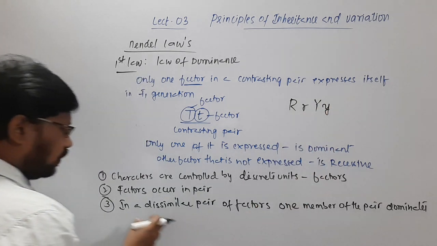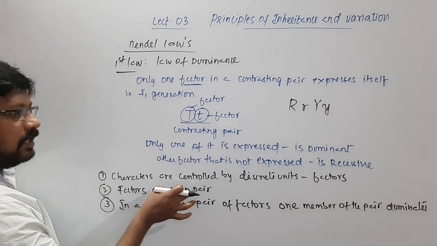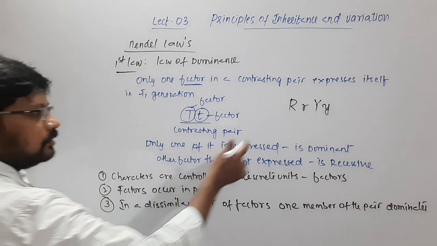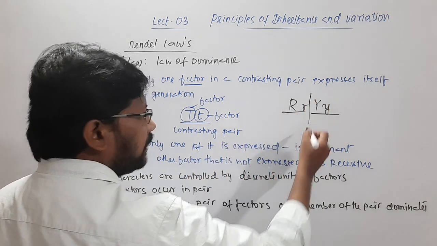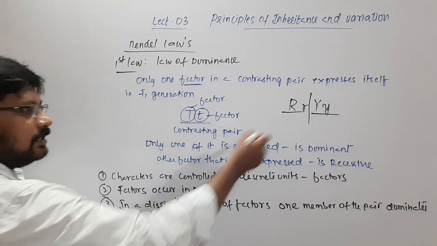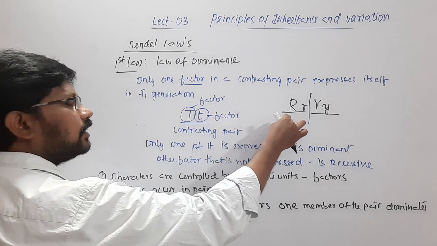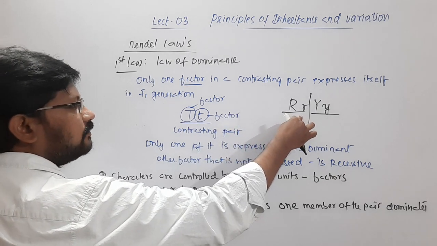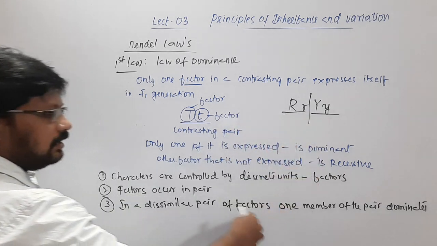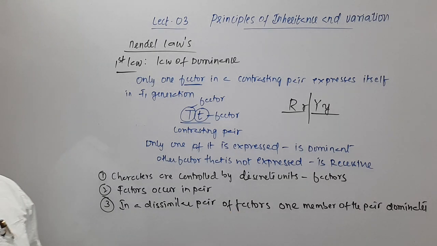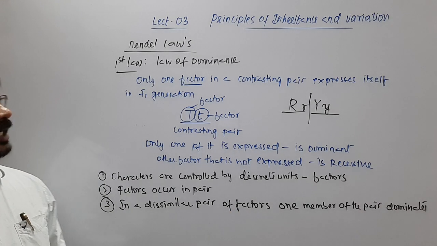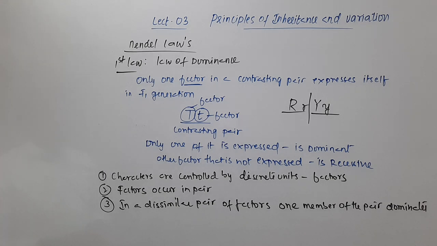So the factors occur in pairs, and in a dissimilar pair these two are different. You can see in tall and dwarf, round and wrinkled, yellow or green, only one member will dominate. So that's about the law of dominance.